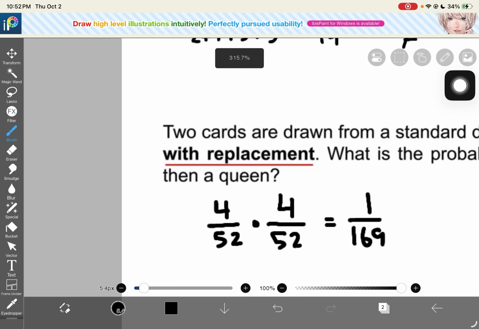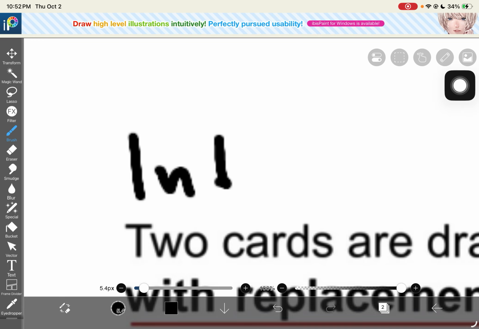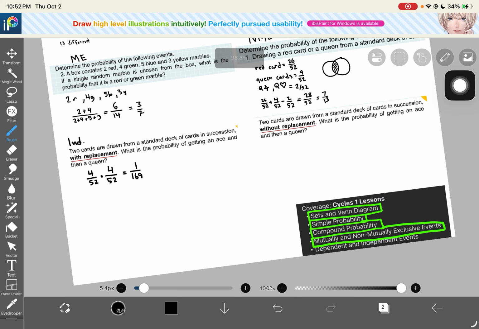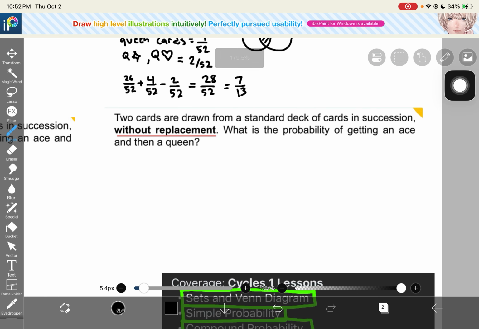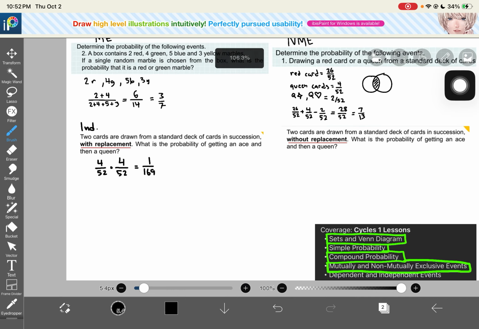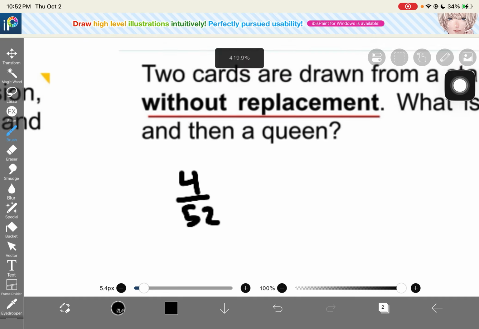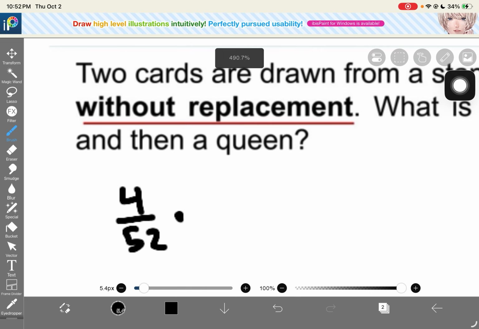So I think you can start to understand why there's a with the replacement. But let's try. Okay, 2 cards are drawn from a standard deck of cards in succession without replacement. So same question. So as you could see over here, we have once again 4 over 52 because the ace just stays the same. But the keynote here is without replacement.